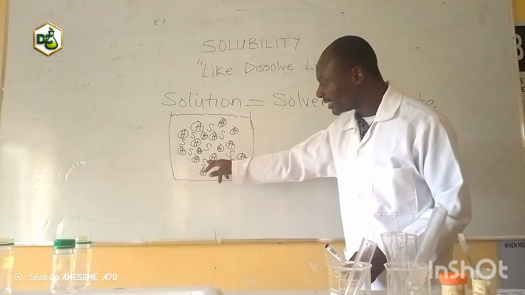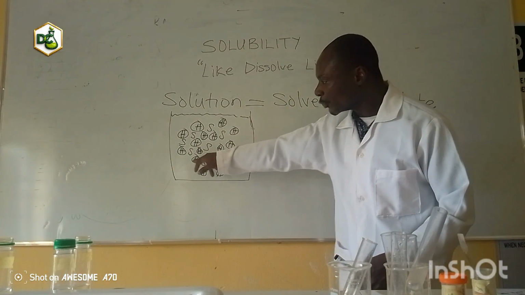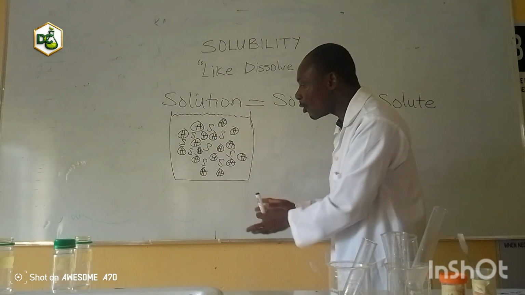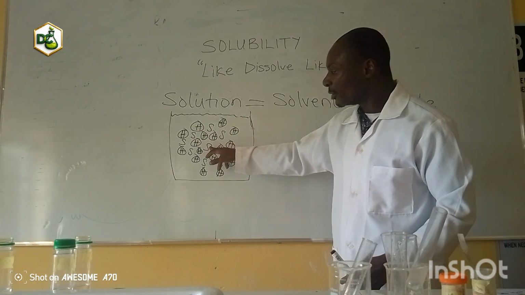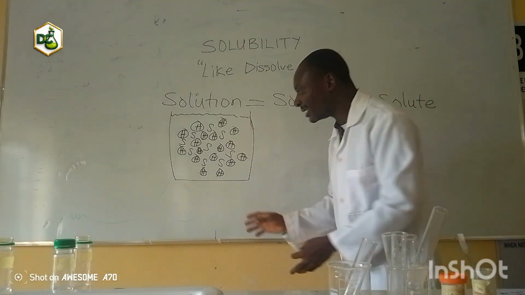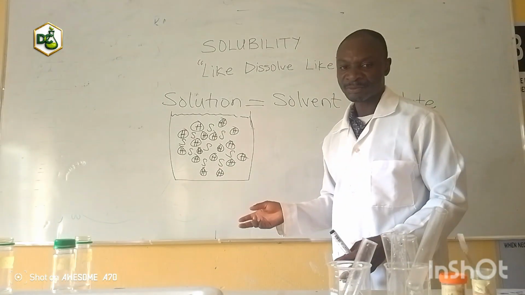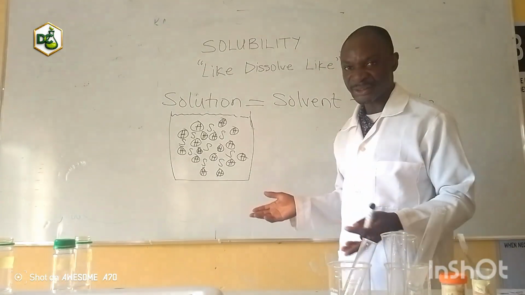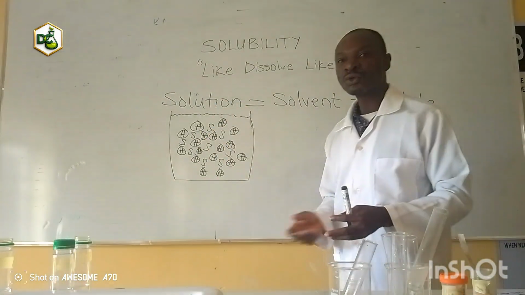What actually happens, you see the X in between the water molecules. That is how the solutes being dissolved are being accommodated in the solvents. That is how dissolution takes place, and we have solution.